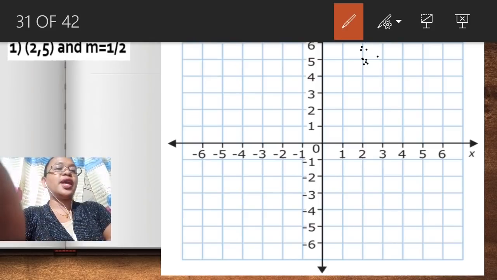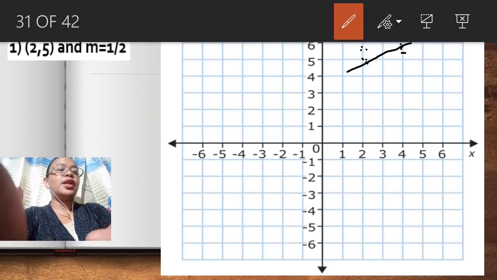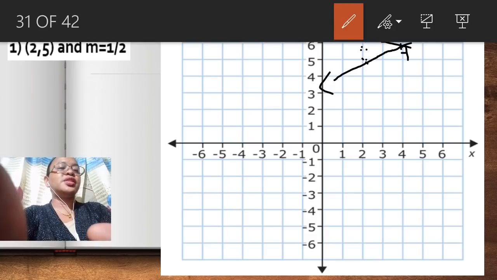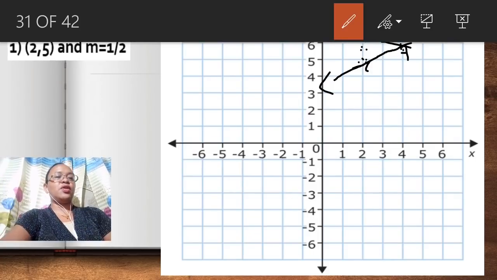So go to the right, 1, 2, so that one. So the point now is here. So these 2 points, you will have your line there, like that. Okay, the point is here and there. So there are 2 points now. You will just count that off.